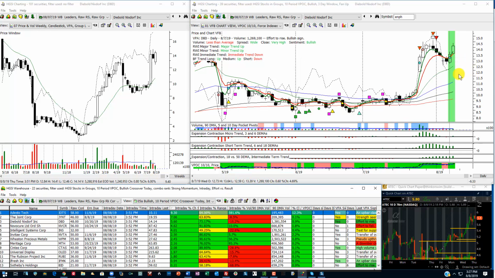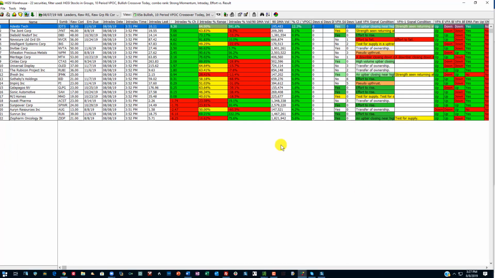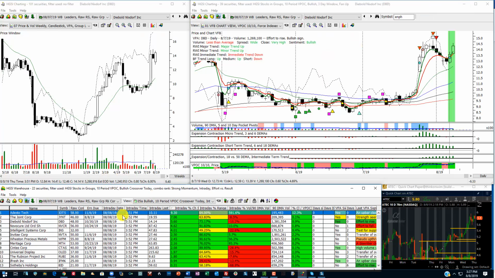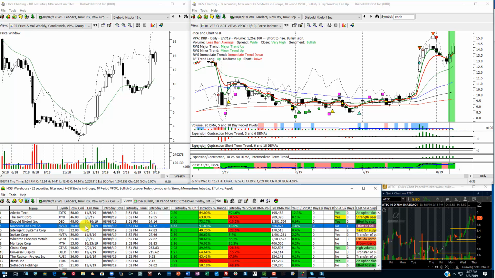And the ones that are successful crossovers are going to be green, and they'll be coming to the top of the list. And these crossovers happen today. It's many of the same stocks I already looked at. Let's look at, I haven't looked at NVCR yet.